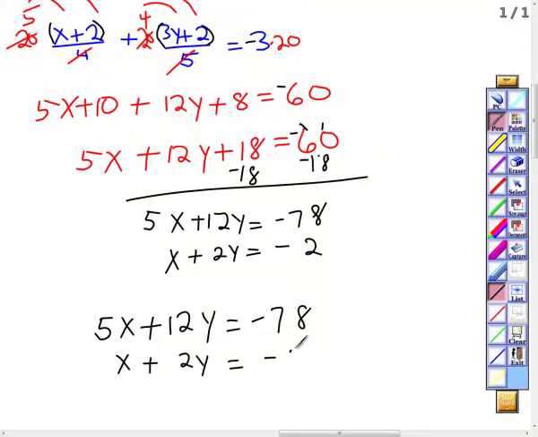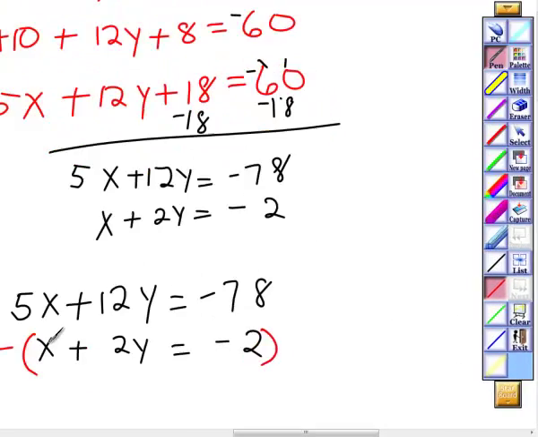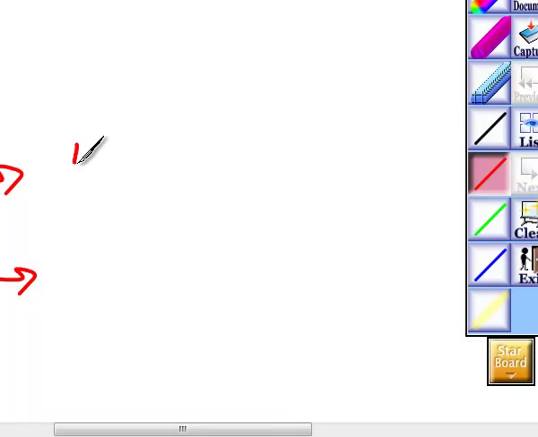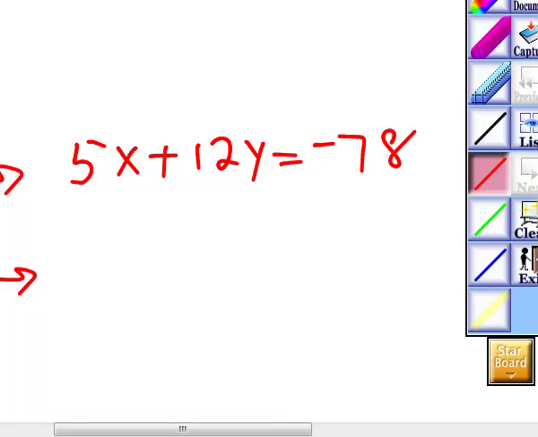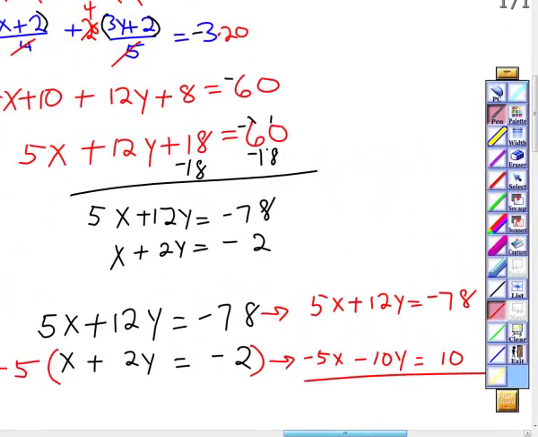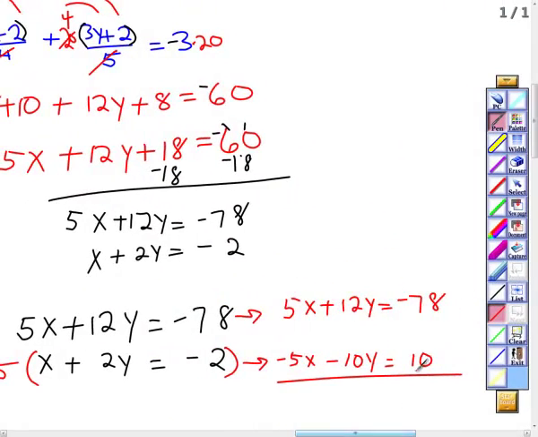Right, because you've got to get the signs to be opposite. So this will be 5x plus 12y equals negative 78, and this will be negative 5x minus 10y equals 10. Questions with that? The last term is going to be a positive 10.